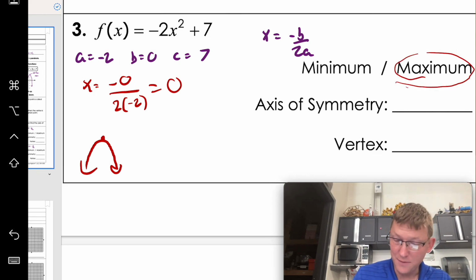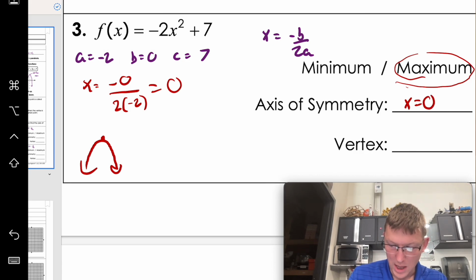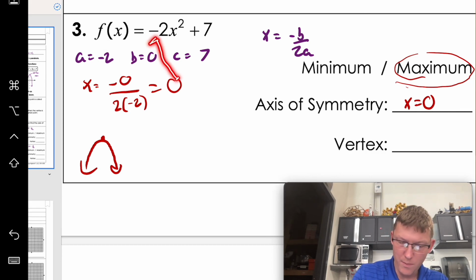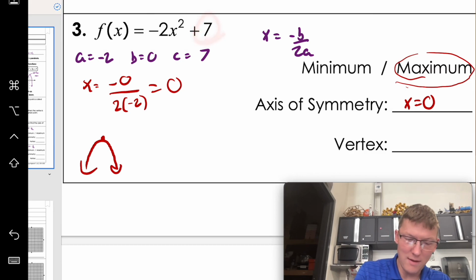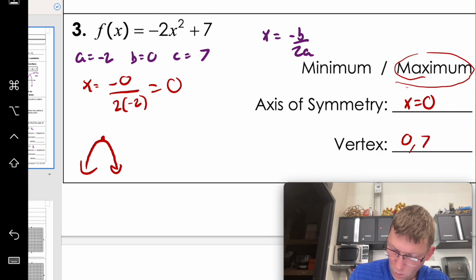My axis of symmetry is going to be the vertical line x equals 0. And then for my vertex, I'm going to plug this 0 back into the equation. So x equals 0 right there. This whole thing cancels out because it's multiplied by 0. We have 7 left over. So my vertex is at x equals 0, y equals 7.